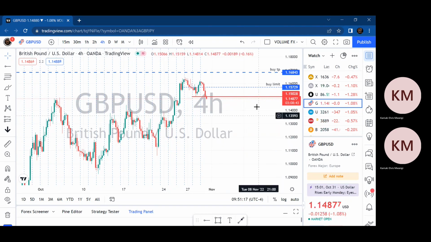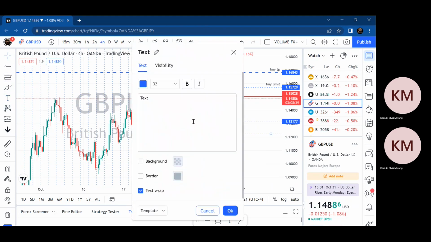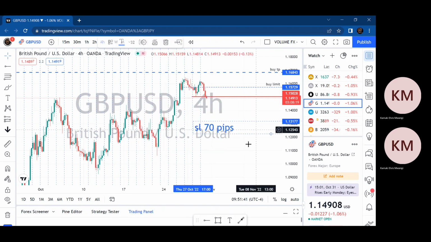Remember you do the pips, so I was risking 70 pips. My stop loss was 70 pips. If I was using 0.1 lot, I made a loss of $70. If I was using 0.01, I lost $7. If I was using 1 lot, I lost $700. That was my stop loss.